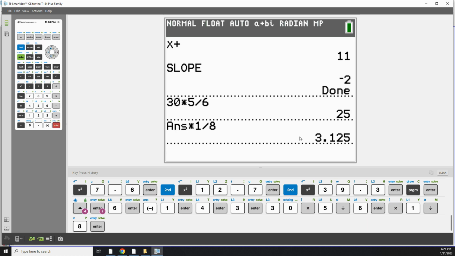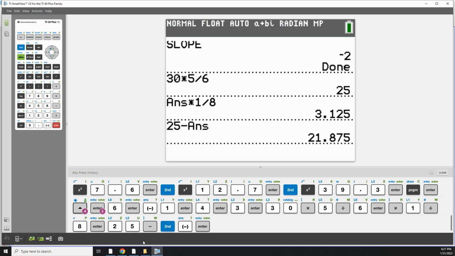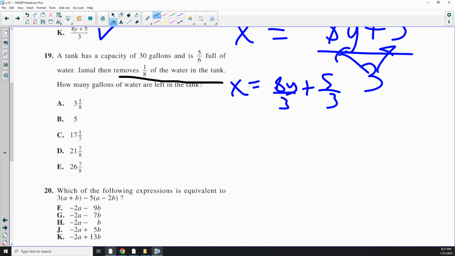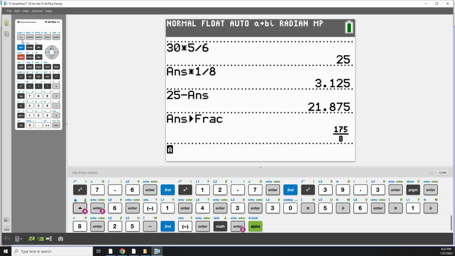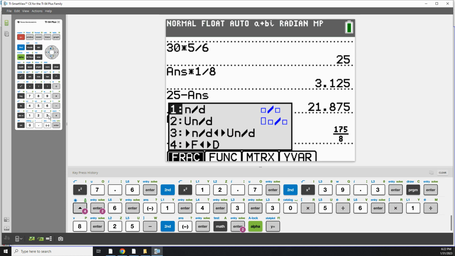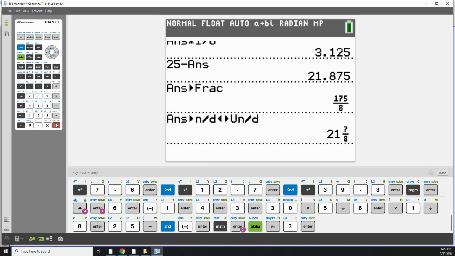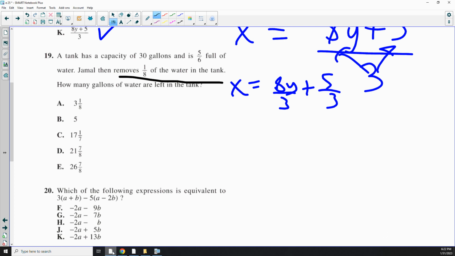So I'm going to remove 3.125 from the tank, and I always just use answer rather than test it, and it would be 21.875. Uh-oh, they want a mixty. So I would go Matha-Fracka, and then alpha y equals 3 is the way to turn it into a mixed number. So it's 21 7/8, choice D.